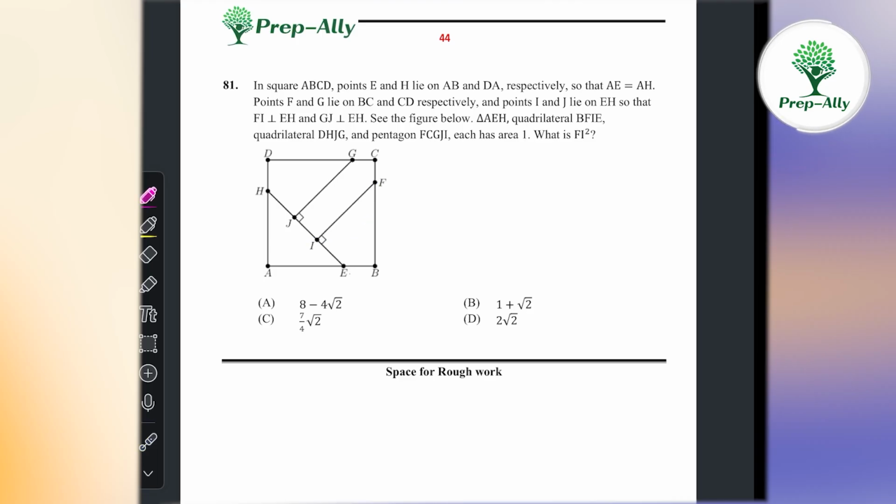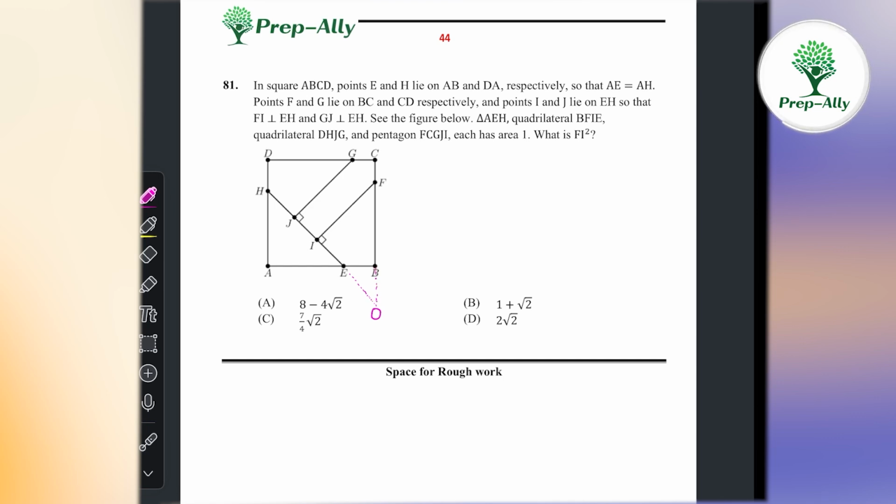Now let's extend EH to a point O where it meets CB, when CB is also extended, right?